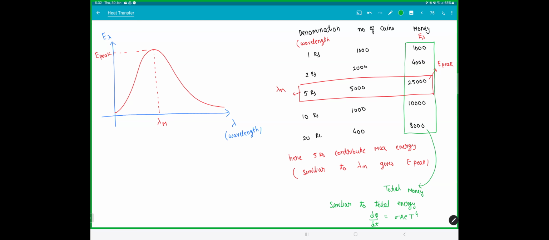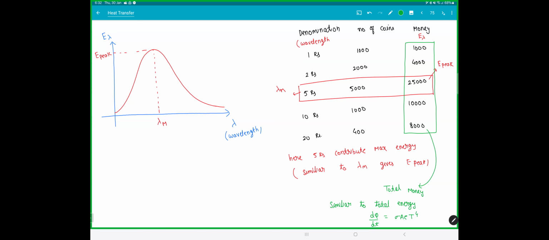So that means if you add all the energy given by each and every wavelength, shouldn't you get the total energy emitted, which was Stefan's law, sigma A T power 4? Is that making sense, everyone? Is this diagram making sense now?